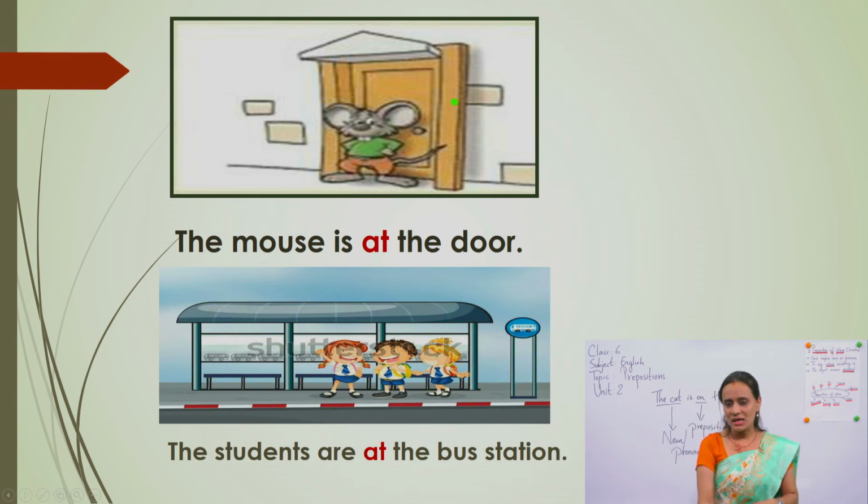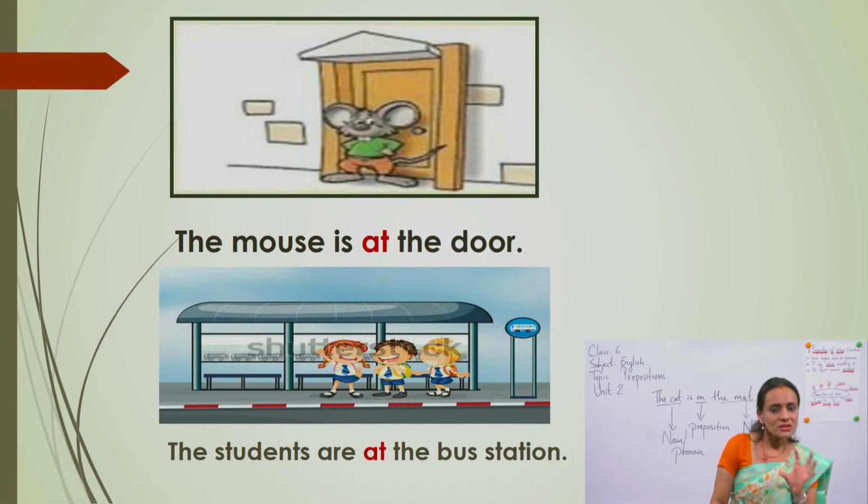And as I have already told you, at is used for the fixed location. The mouse is in the fixed location and it is near the door also, isn't it? Now in the second picture, see it? There are students like you. They are smiling and being very happy. Maybe they are waiting for the school bus also, isn't it?